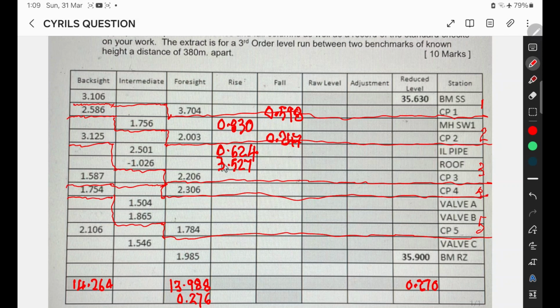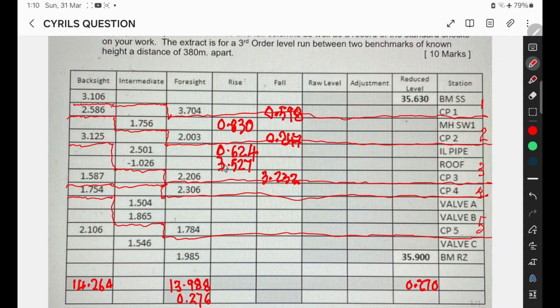Now the next one: minus 0.2 minus 1.026 minus 2.206, that's going to give us a fall of 3.232. That's a negative, minus that.